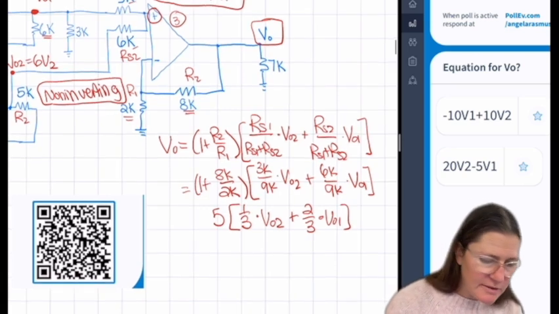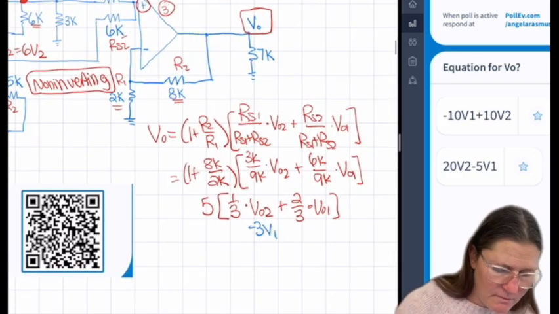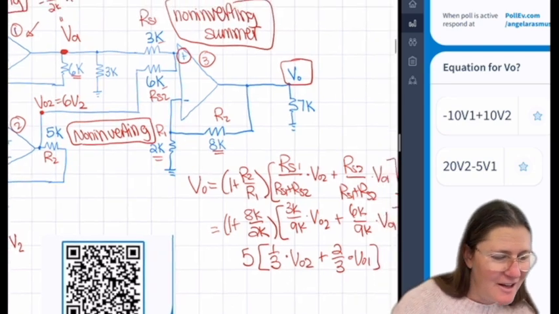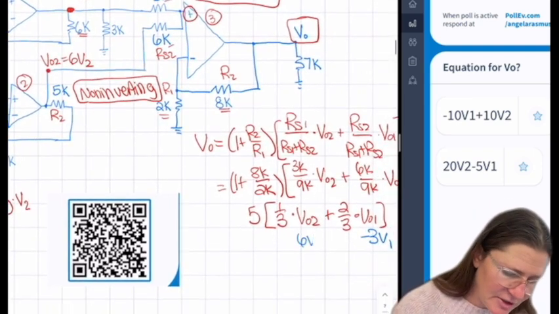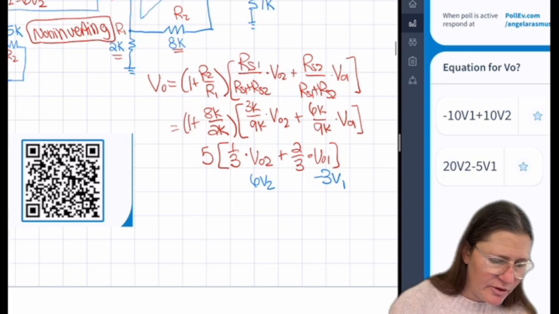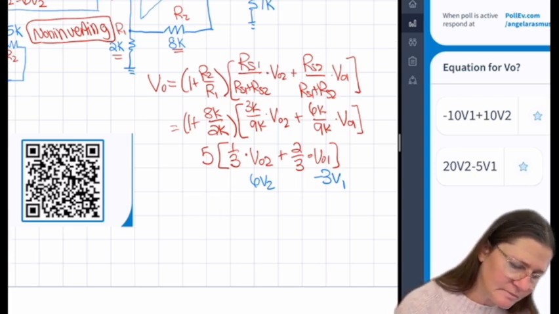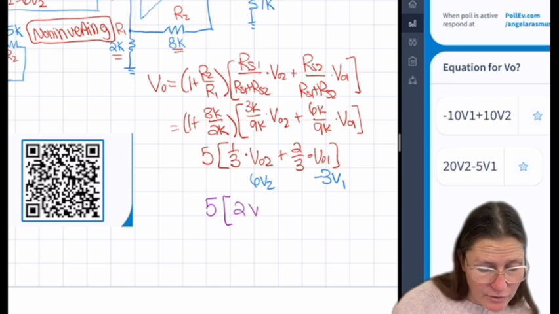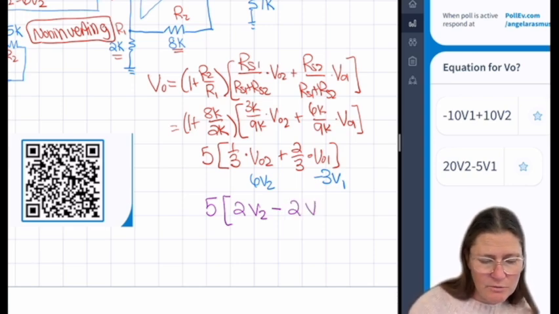VO1 was -3V1, and sorry, I wrote that on the wrong side, -3V1, and VO2 was 6V2. So this becomes 5 times 6 divided by 3 is 2, so 10V2, minus 2/3 times 3 is 2V1.